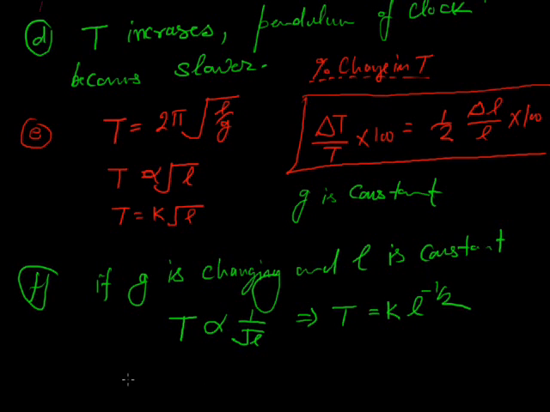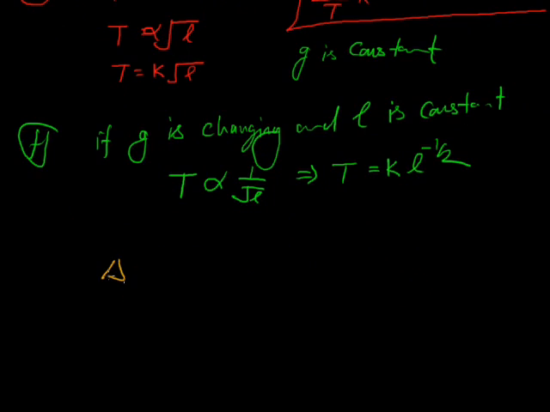So the percent change in time period, delta T by T into 100, will be equal to minus half delta g upon g into 100.